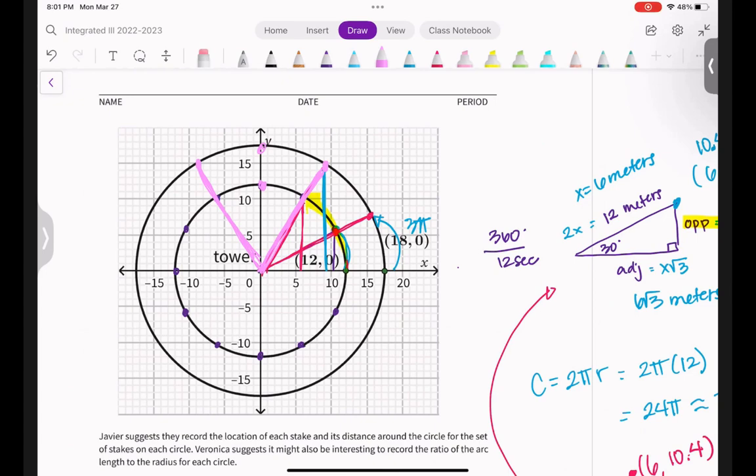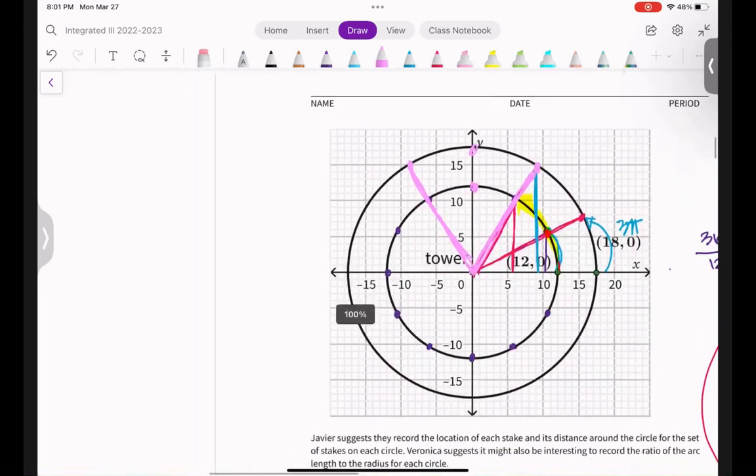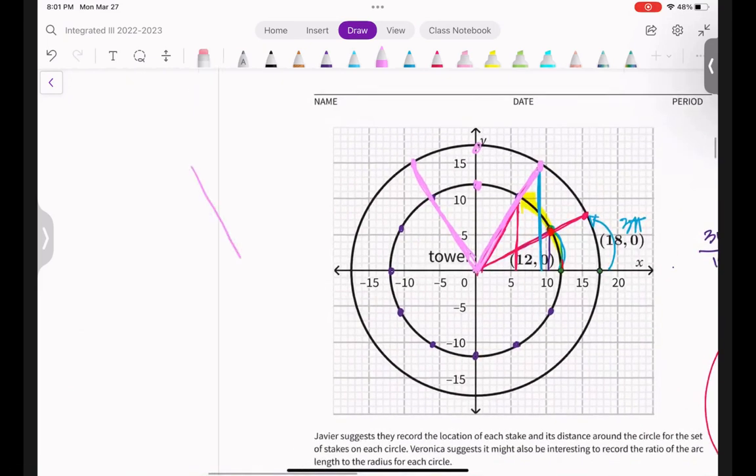So if you're thinking about this in terms of triangles, I'll draw the triangle here. This triangle looks like this, right? Where this is 60 degrees, right? Or this is, you guys figured this out too, that this is 120 degrees, which helps you greatly, right? And you know that this is 12 meters.